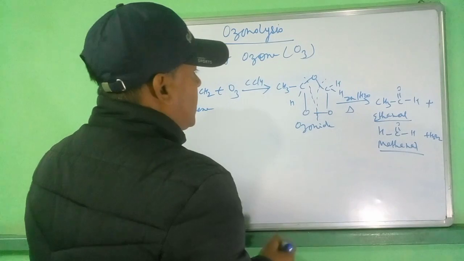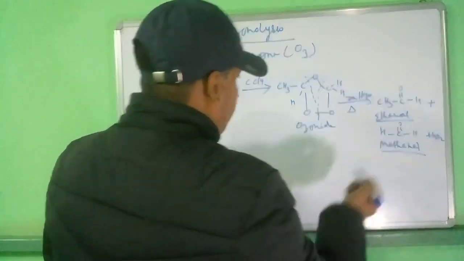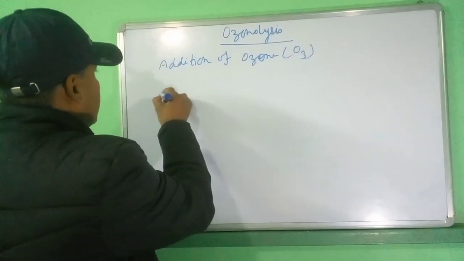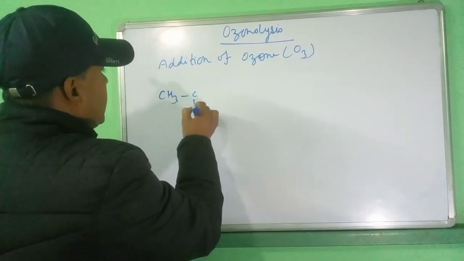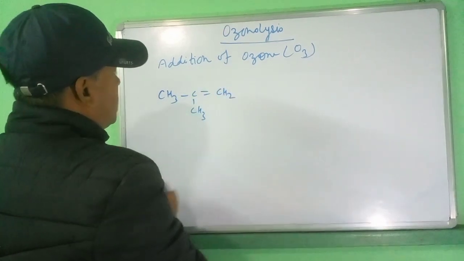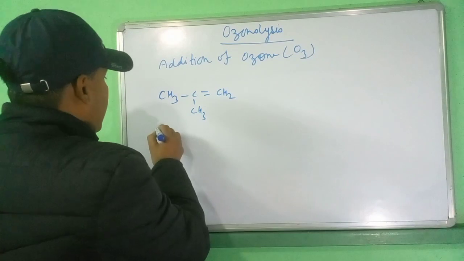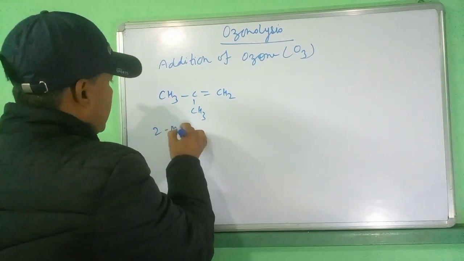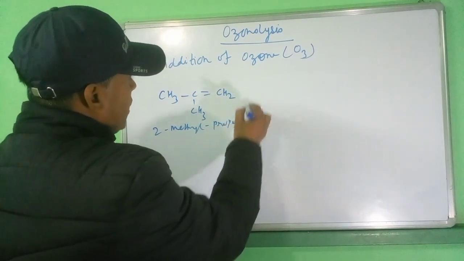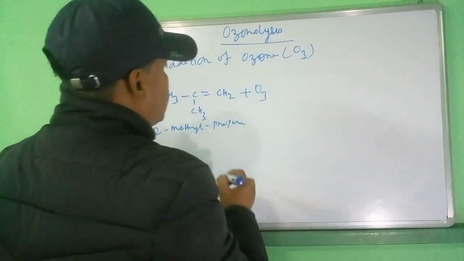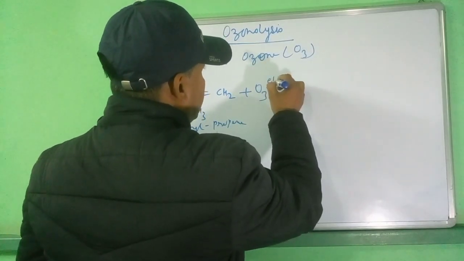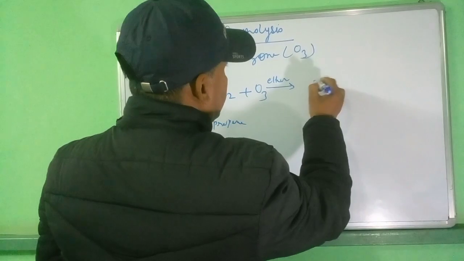Now in the next example, we get a different product. If your alkene is (CH3)2C double bond CH2, 2-methylpropene, it reacts with ozone in presence of ether and the ozonide is formed.